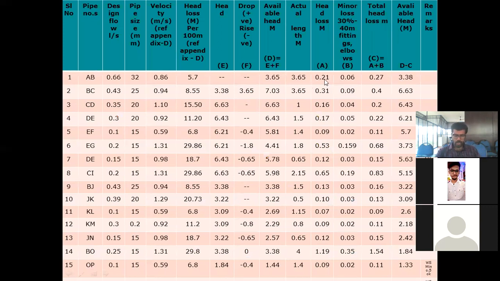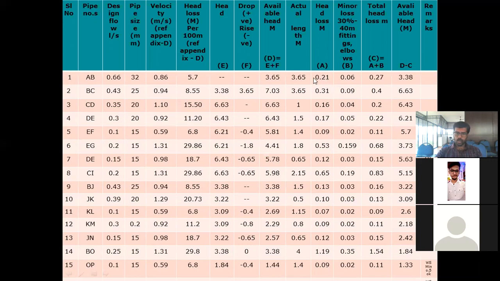How to find the head loss? You can just write a formula. Shakal, you can just write a formula. If Kranti also wants to write, you can write the formula. Others, you may have a doubt how you got this 0.21.